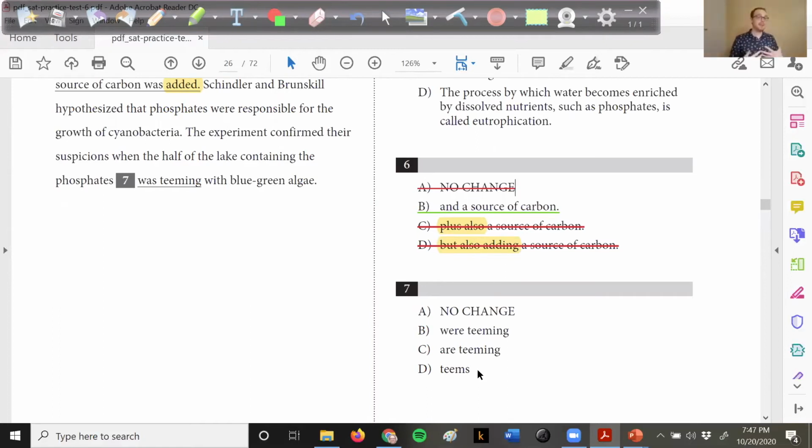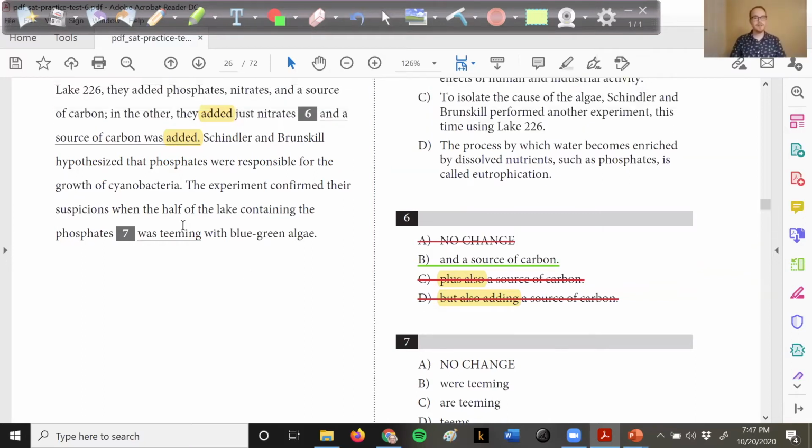So if you don't know what teeming is, that just means it's being filled to the brim. So if my cup of coffee is just teeming with hot coffee, that means it's all the way up. Usually implies that it's also growing. Like if your sink were teeming, you better be careful, it's about to overflow.